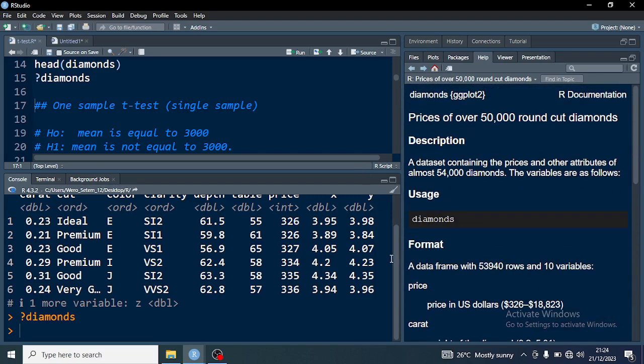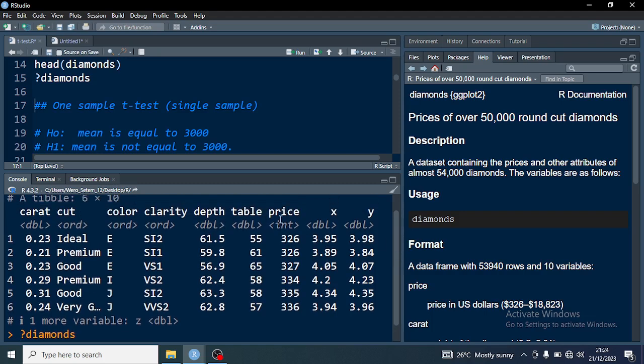So what we're interested in this data set is the price and the cut. And in one sample t-test, we are testing: is the mean of a certain cut of diamond, for example ideal, equal to a certain value?